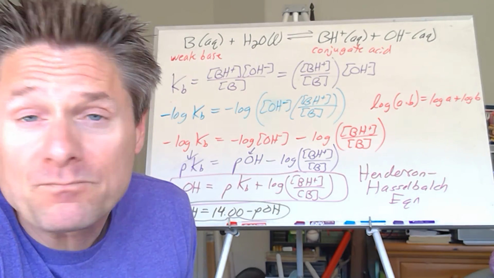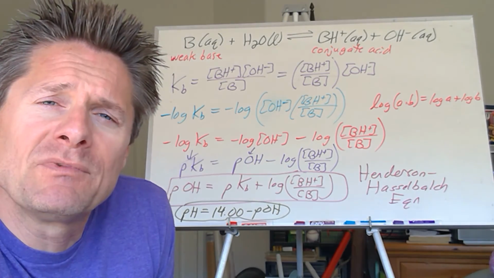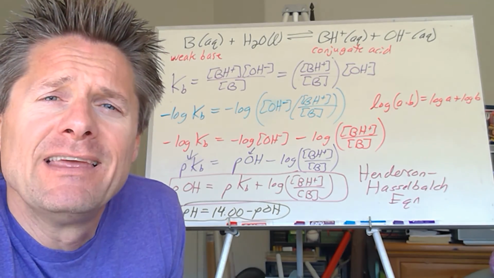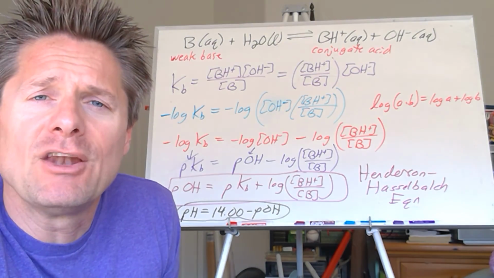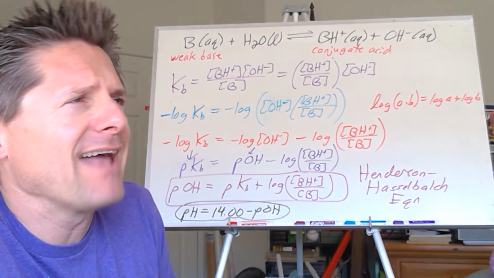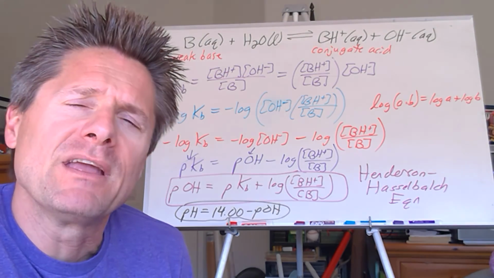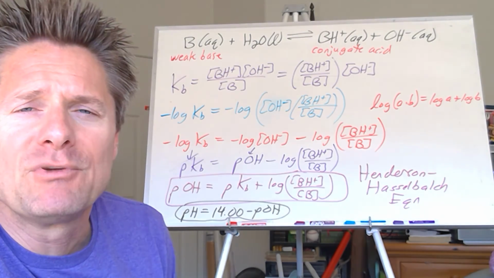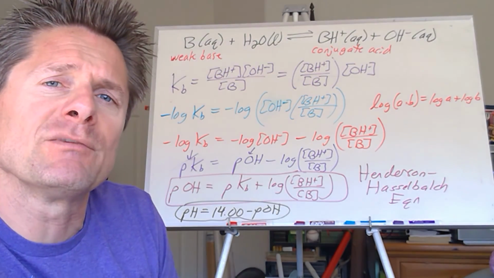Your blood is one gigantic buffer system, slightly basic, a little over 7. So you can have metabolic issues, respiratory issues, acidosis and alkalosis, right? Your blood becomes a little too acidic or a little too basic, but your blood has a fascinating buffer system to it.